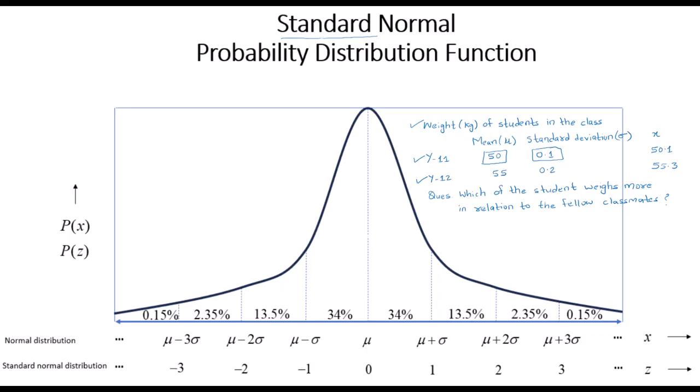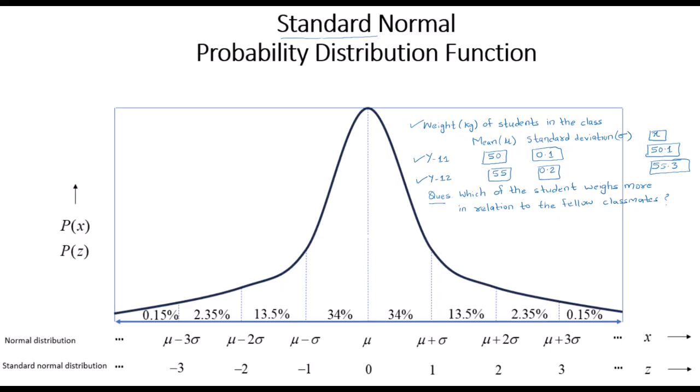And for year 12 students, the mean is 55 kg and the standard deviation is 0.2 kg. It is also given that we have two students. One student from year 11 is found to have a weight of 50.1 kg, and the other student from year 12 is found to have a weight of 55.3 kg. So the question is, which of the students weighs more in relation to the fellow classmates?